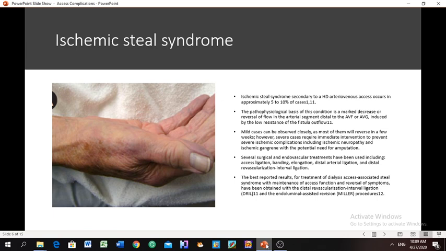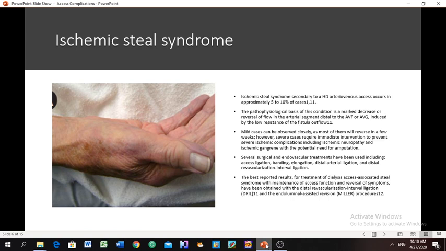Ischemic steal syndrome secondary to hemodialysis arteriovenous access occurs in approximately 5 to 10% of cases. The pathophysiological basis for this condition is a marked decrease or reversal of flow in the arterial segment distal to the arteriovenous fistula or graft, induced by the low resistance of the fistula outflow.